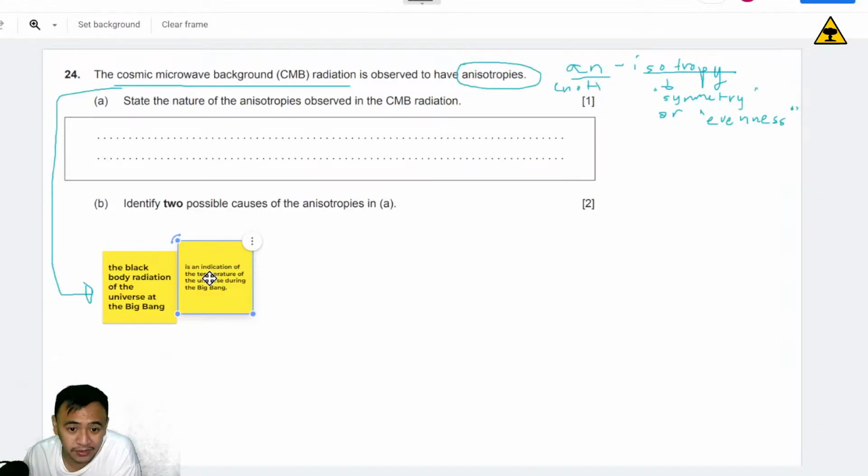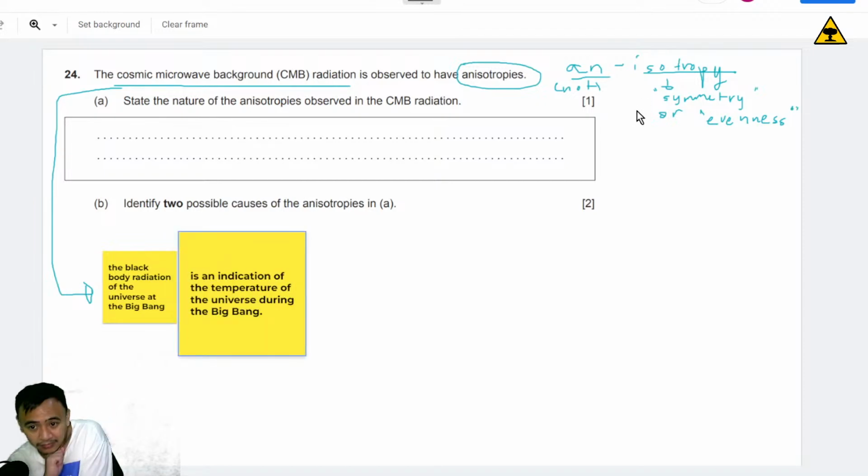So if it's completely even, if there were no anisotropies, then what does that mean? That means that the temperature of the universe at the Big Bang was even all throughout, right? But the fact is, there are anisotropies, meaning what? If it's isotropic, the temperature of the universe during the Big Bang was the same, right? If we just look at this term, it should be the same.